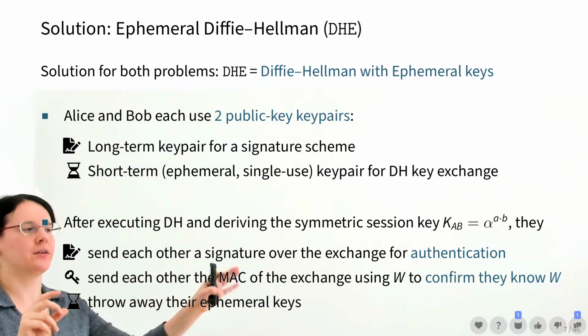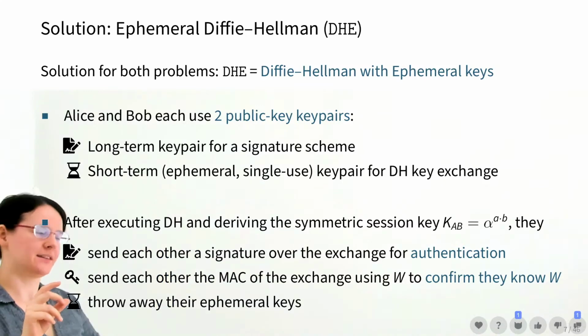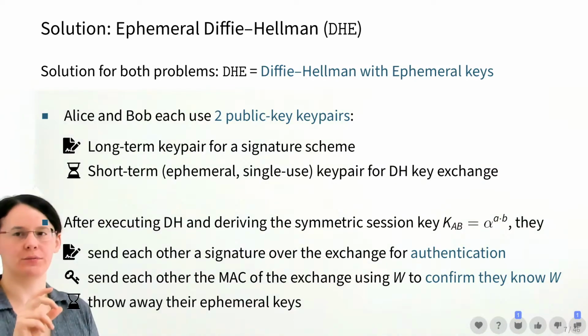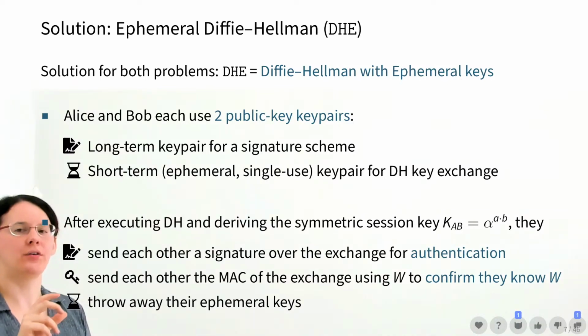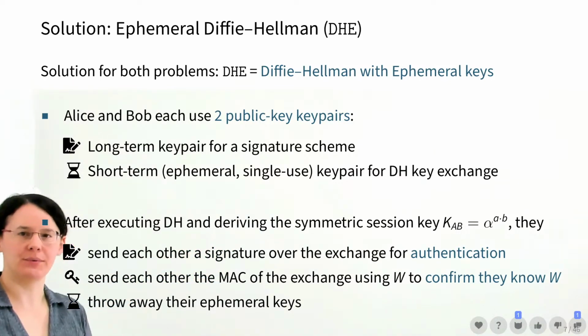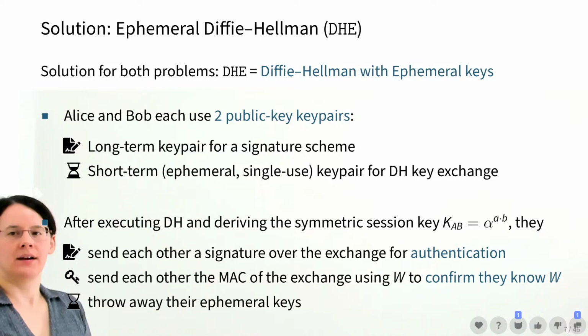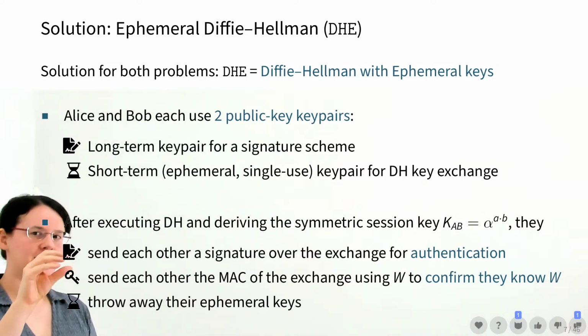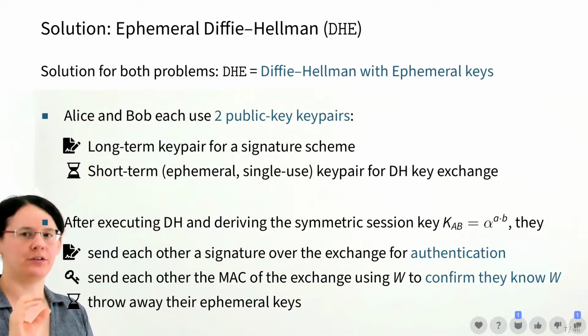And if some fresh private key 5 years later is leaked, this doesn't compromise any of the previous keys because they were completely independent. So you can't recover any of the previous ones, and so you also can't recover any of the previous symmetric session keys. Okay, so we need authentication, but this authentication step allows us to have these temporary keys.